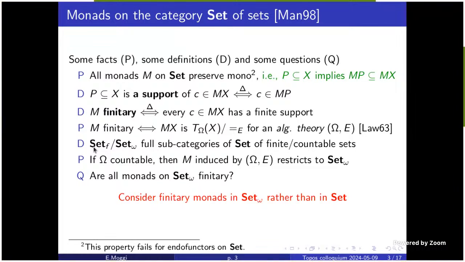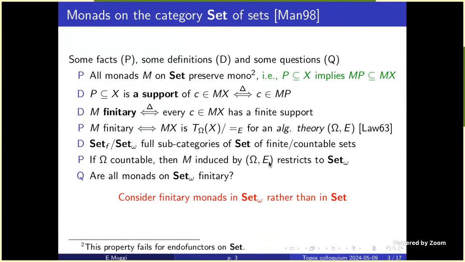Now there are two full subcategories of sets: the category of finite sets, which is a topos without a natural number object, and the category of countable sets, which is not a topos, but is an example of a category of classes. The topos inside this category is just the topos of finite sets.